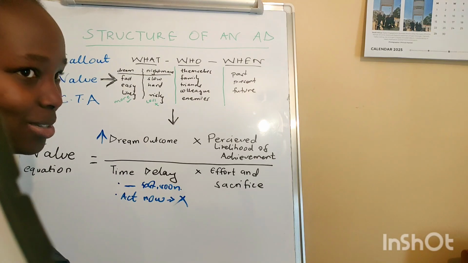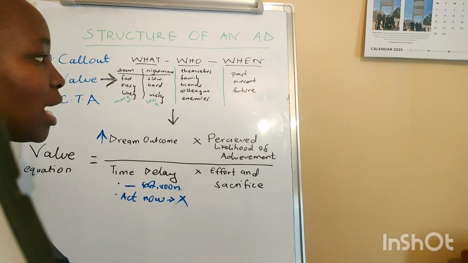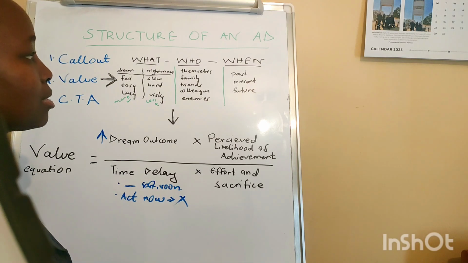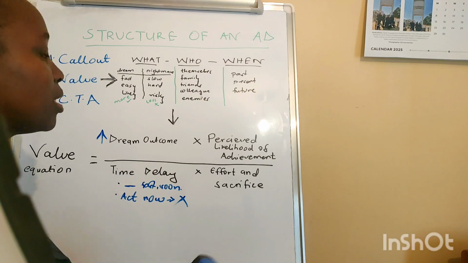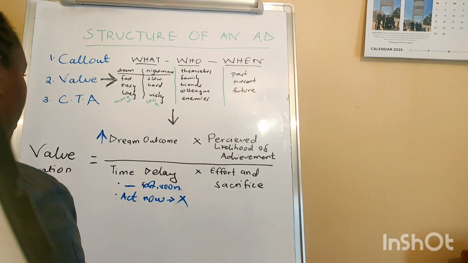It's just there, right? This is the timelines. Let them contrast what they were experiencing in the past and what is possible for them in the future after they sign up with you.